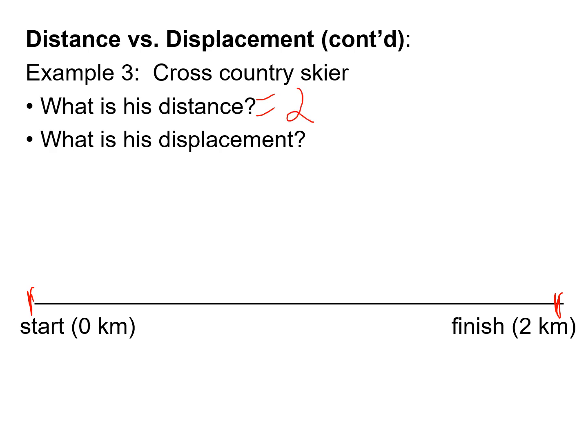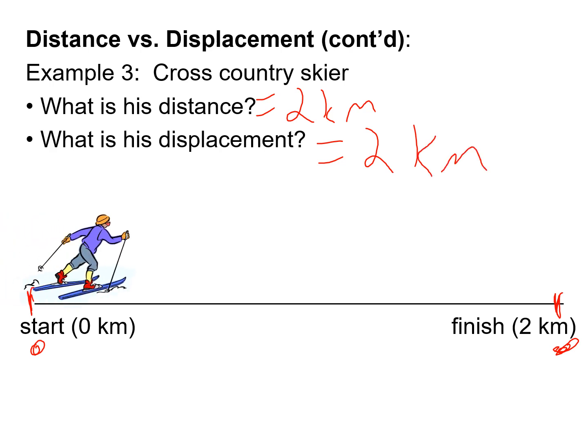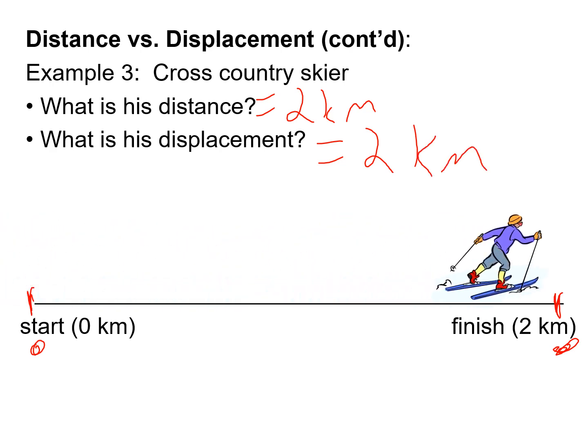So it's 2 kilometers. What is their displacement? Now ask yourself, is this spot different than this spot? Yes. So their displacement is also 2 kilometers. Okay, they started and stopped in different places. So we do see a displacement of 2 kilometers.